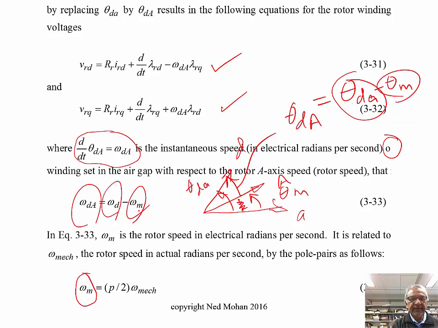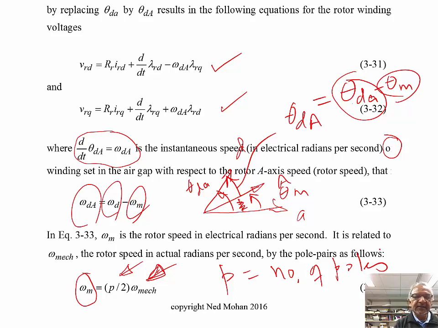Well, it's electrical angles per second, so it's really the mechanical speed of the rotor in mechanical radians per second times P over 2, where P is the number of poles, not pole pairs. So when P is equal to 2 for a two-pole machine, the electrical speed and the mechanical speed are the same. Okay.